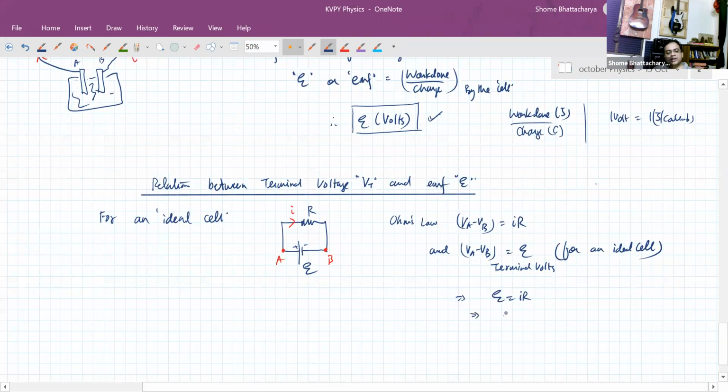So the current drawn by the resistor connected to that cell will be E by R, where E is the EMF and R is the resistance. The terminal voltage is equal to the EMF in this case because an ideal cell has zero, nothing is perfectly zero, but basically negligible internal resistance.